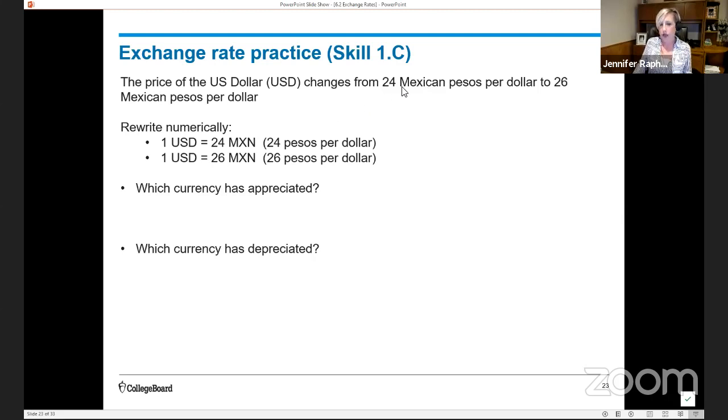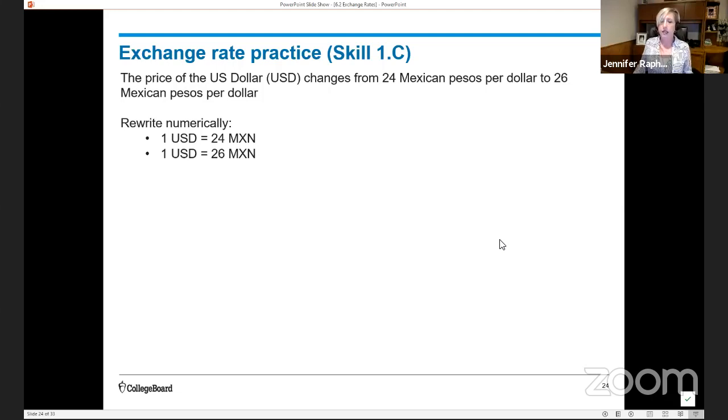So what they're saying is 24 Mexican pesos per $1, right? So $1 was 24 Mexican pesos to 26 Mexican pesos per dollar. So now that means per $1 US costs 26 Mexican pesos. So now which currency is appreciated? The US dollar, which means that the Mexican peso has depreciated.